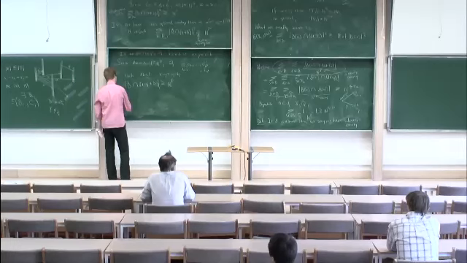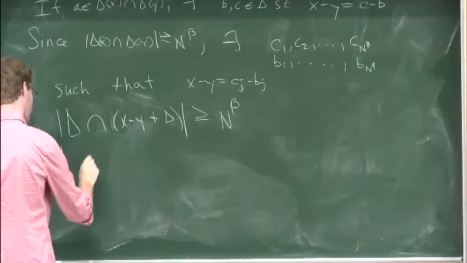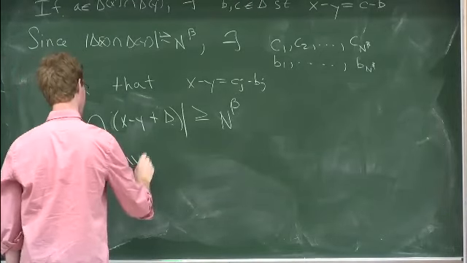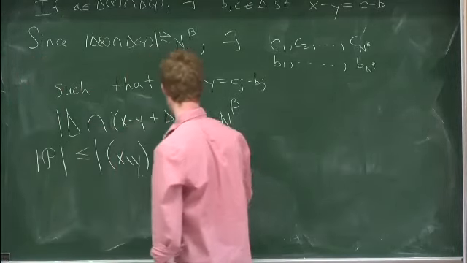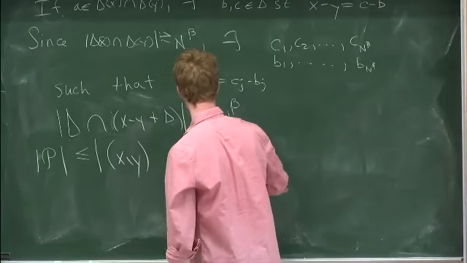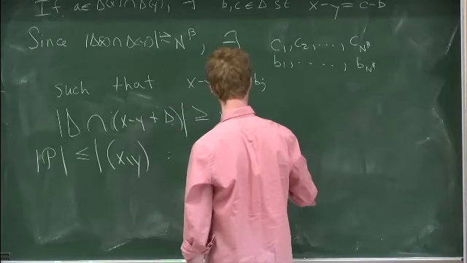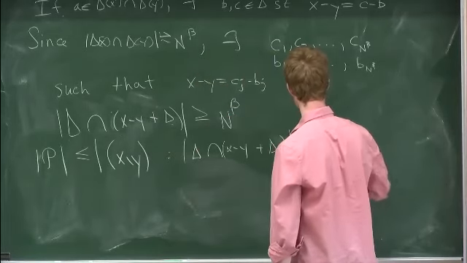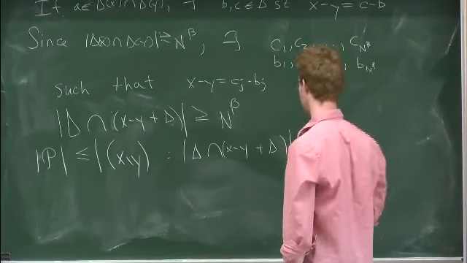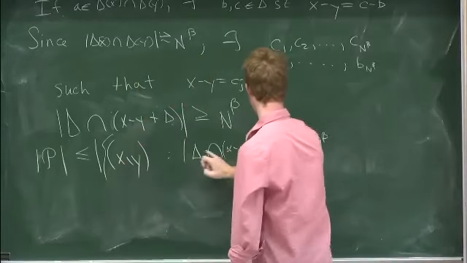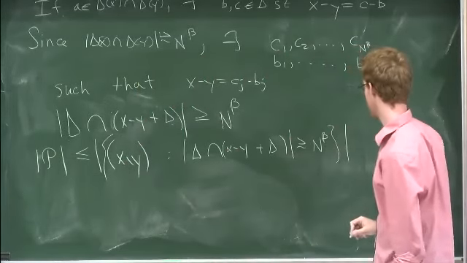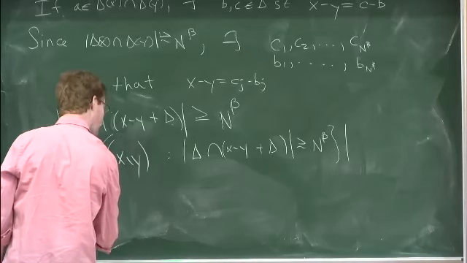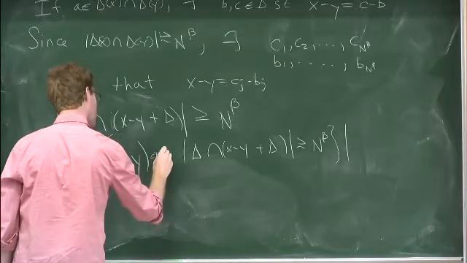So this means that for every x and y in that set of pairs, I have this property here. That's just copying what I've said before. And another way to think of that is, this is in d squared.